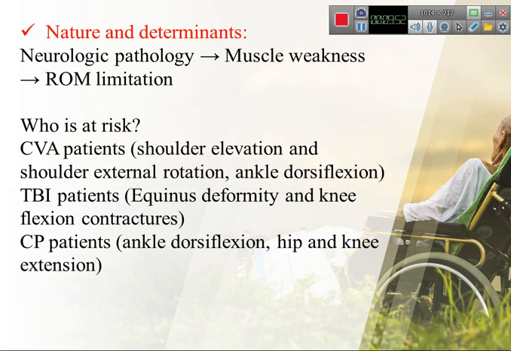In TBI patients, they may have equinus deformity. What is equinus deformity? The plantar flexion of the ankle is the equinus deformity. And they may have knee flexion contractures. In CP patients, they may have limitation in ankle dorsiflexion, and in hip and knee extension too.